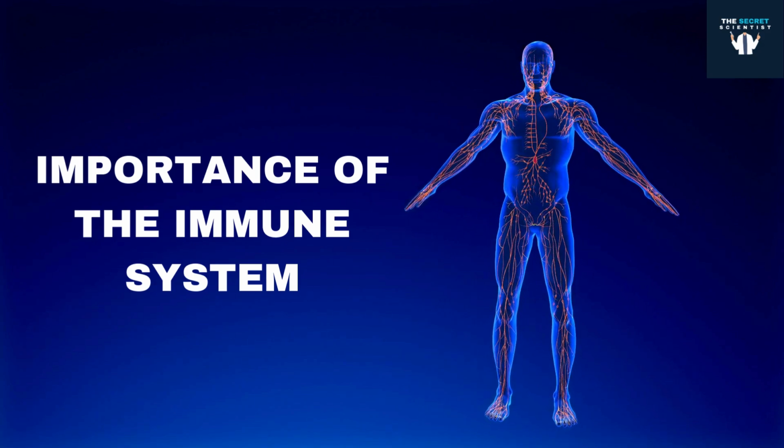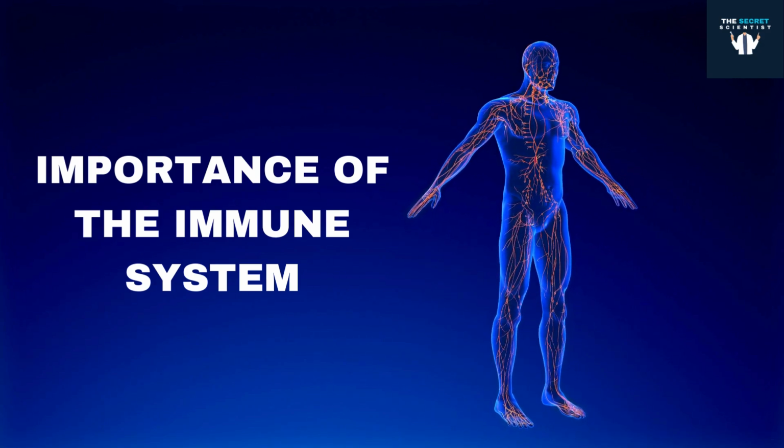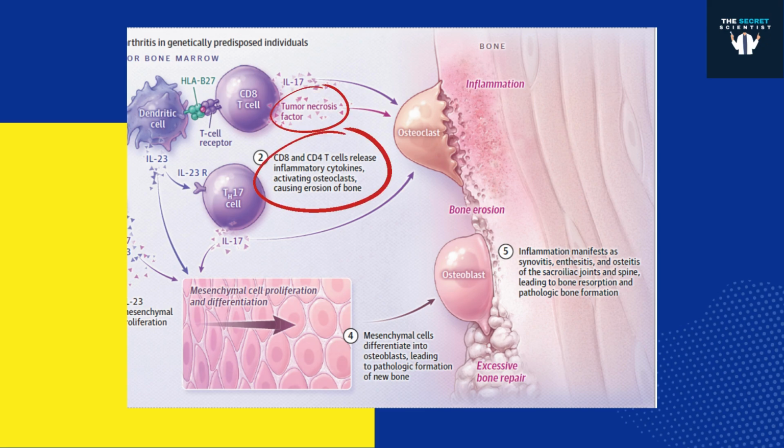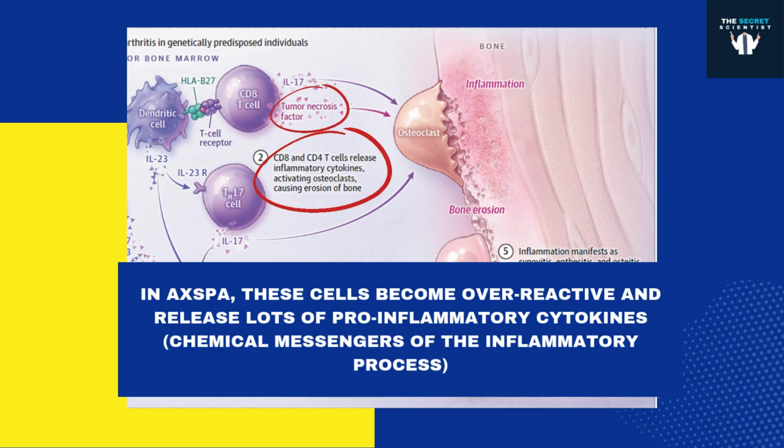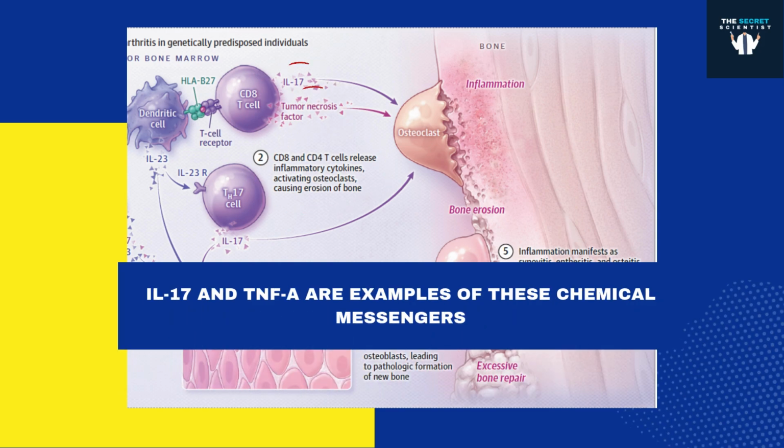The immune system plays a central role in AxSpA, particularly through CD4 and CD8 T cells. These are immune cells that normally help fight infections. However, in AxSpA, these cells are overreactive and release cytokines, which are chemical messengers that drive inflammation. The CD4 and the CD8 T cells release pro-inflammatory cytokines such as TNF alpha and IL-17 at sites like the spine and the joints.